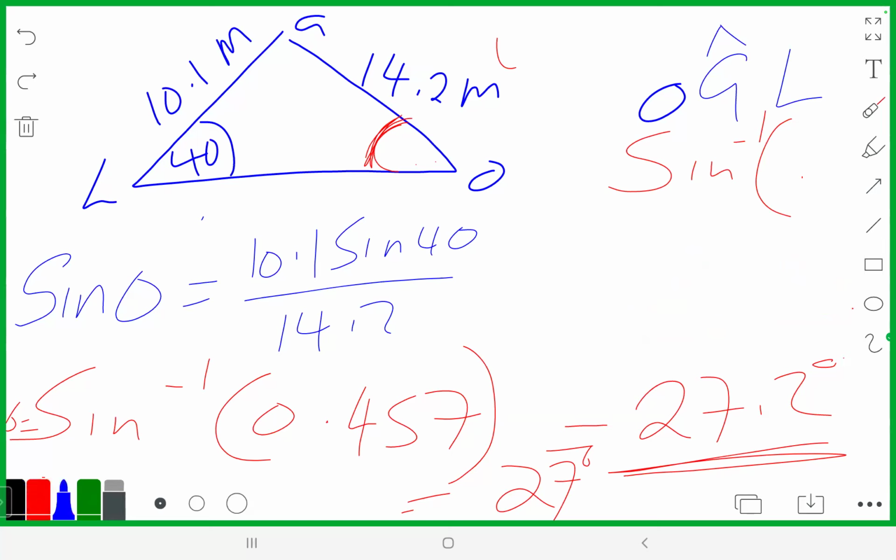Now we know that all angles in a triangle add up to 180, right? We know here now it has become 27. So you can easily find the other angle just by deducting all these angles from 180.